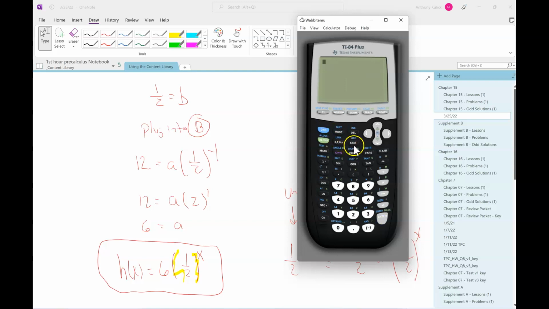Exit out of there. Then stat calc, exponential reg. My x list is L1 and my y list is L2. I do that and I get the same thing. The a is 6 and the b is 1/2. And notice the r values are exactly 1 or -1, so it's a perfect fit.